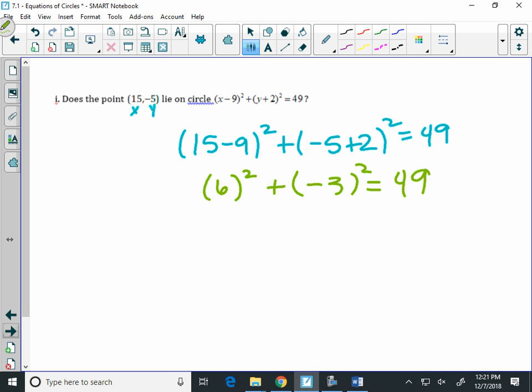What's 6 squared plus -3 squared? 6 squared plus -3 squared is what? 45. Does 45 equal 49? No, they don't equal each other. So does this point lie on that circle? No, it does not. It's just floating somewhere near the circle, but it's not on the circle. Questions over that?